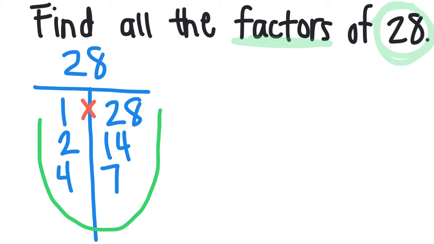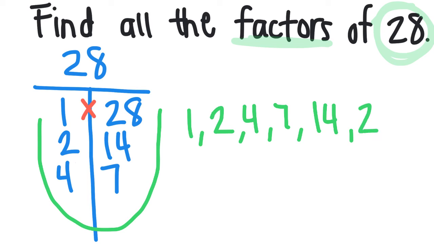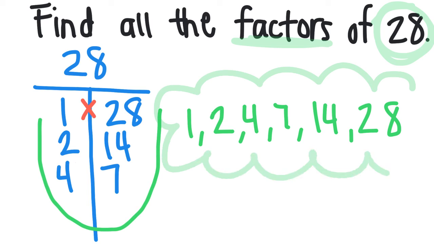I can write them in a list. 1, 2, 4, 7, 14, and 28. Notice that I used my commas to keep everything organized. There are all the factors of 28.